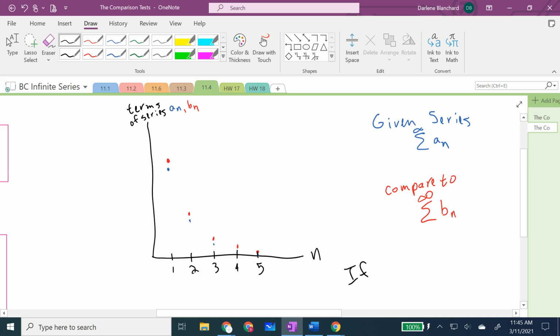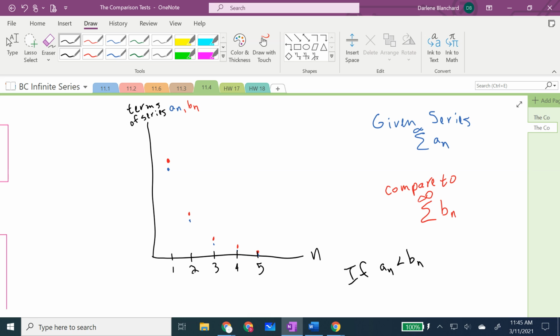So if your terms are smaller than what you're comparing it to, and yet again, I forgot to tell you the initial necessity, and that is we're only dealing with positive terms. We have no subtraction involved, no negative terms. It's all positive terms. So we're above the x-axis completely at all times.